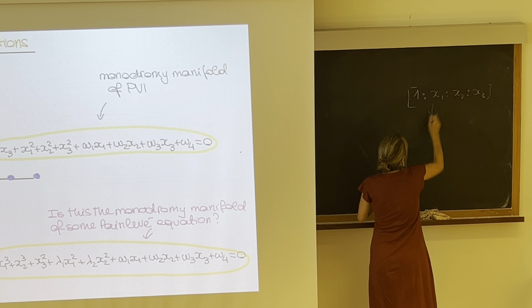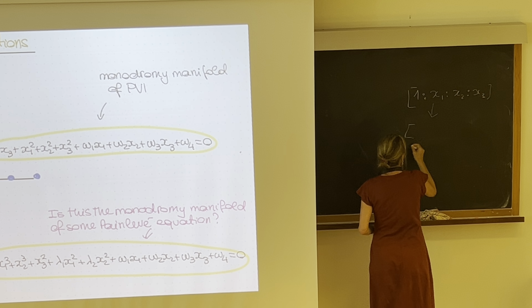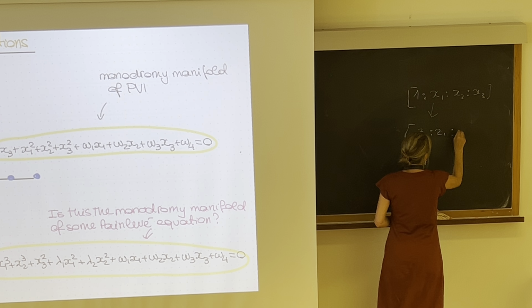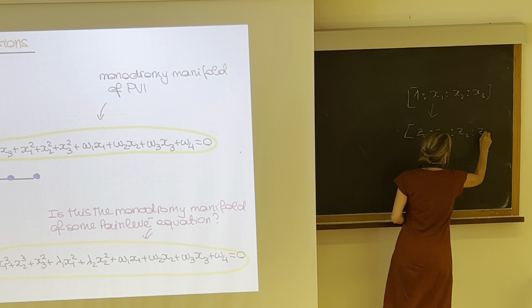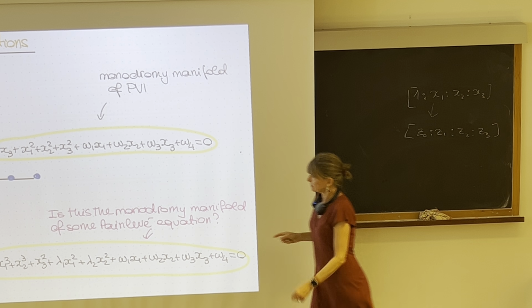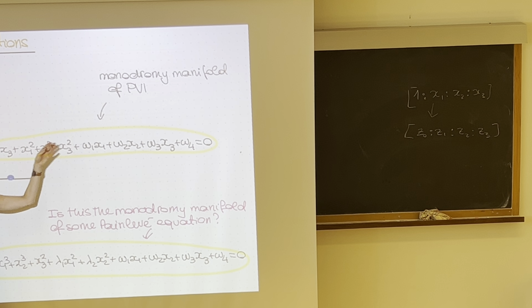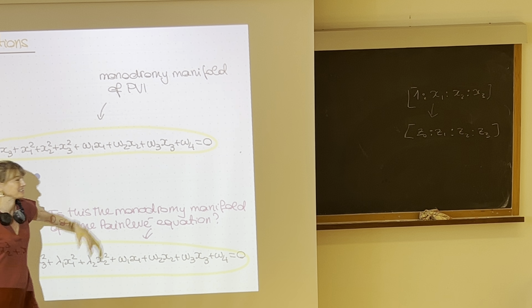So if I now do a change of variable and I want to put it in projective coordinates z0, z1, z2, z3, then effectively what you're doing is multiplying all the non-cubic terms by z0. Okay, it's not very difficult.